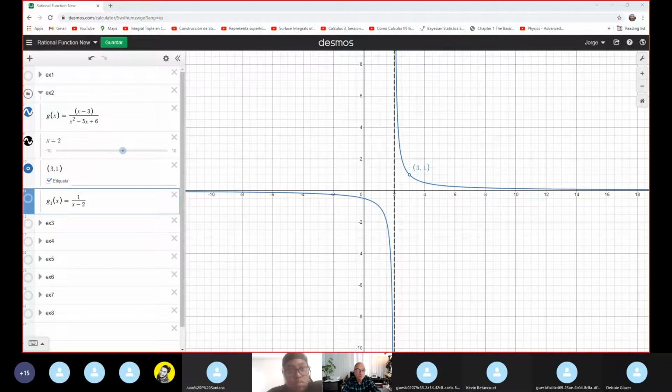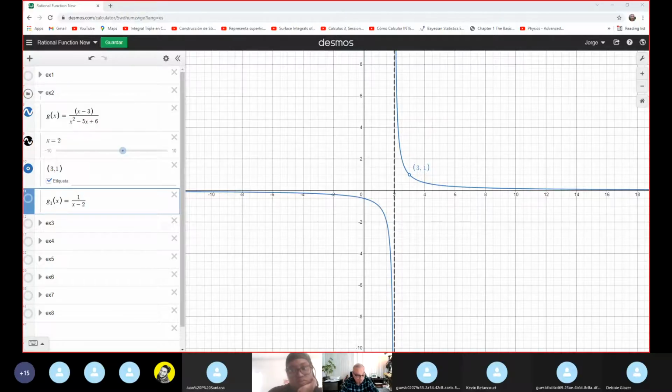Boom. Okay, super. Okay, let me close that. Let me zoom to see more clearly. Let me explain the idea behind horizontal asymptote. So we studied vertical, now it's the turn of the horizontal definition.